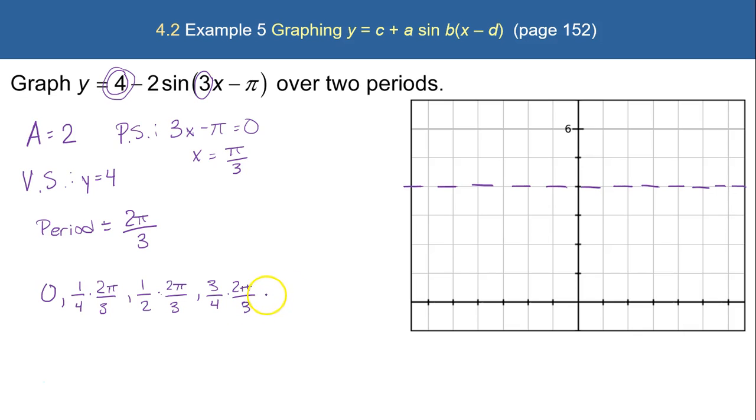And then the last one is going to be 1 times that, which is just 2 pi over 3. Okay. So now we get 2 pi over 12, which is pi over 6. And then pi over 3. And then, let's see, 5 pi over 6.